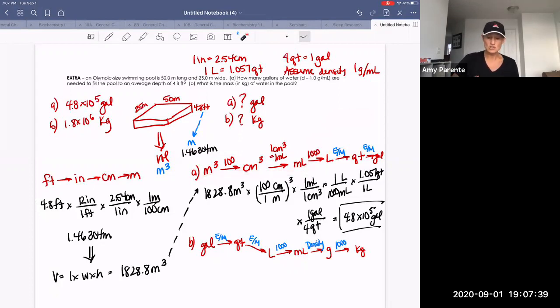I could essentially start my same calculation that I had from the first problem, and then once I got to milliliters, then I could diverge and do these last two pieces. So you didn't have to start from the ending point from part A. You could have started from the same starting point and then gotten to milliliters and then gone up.